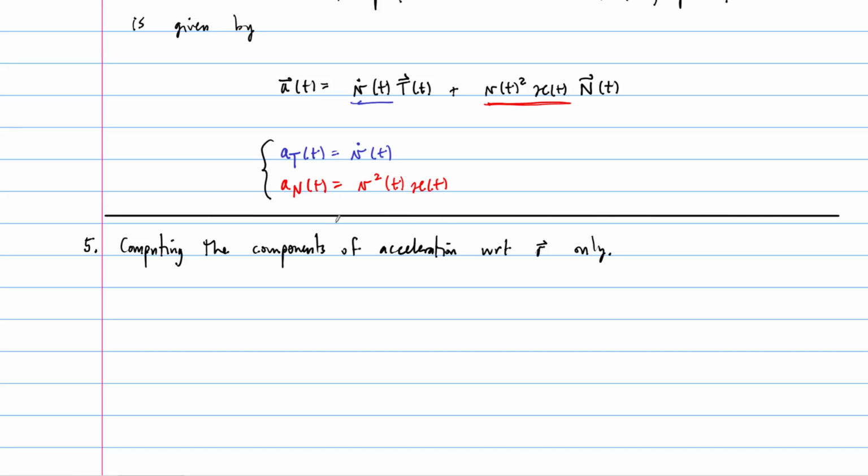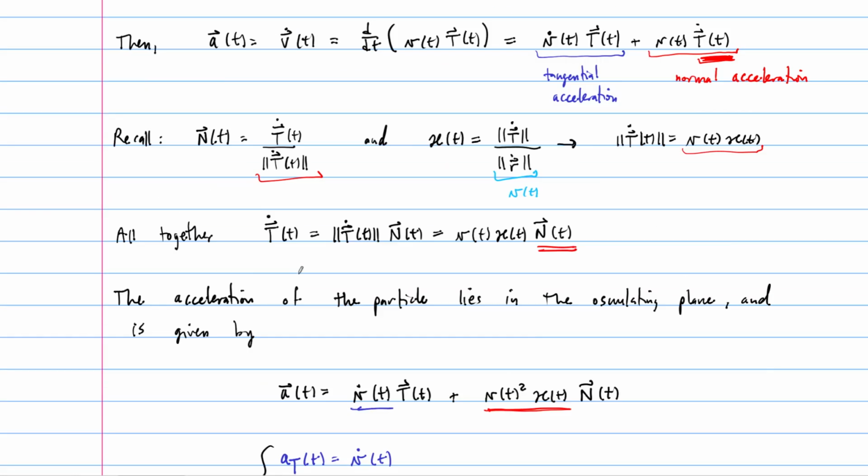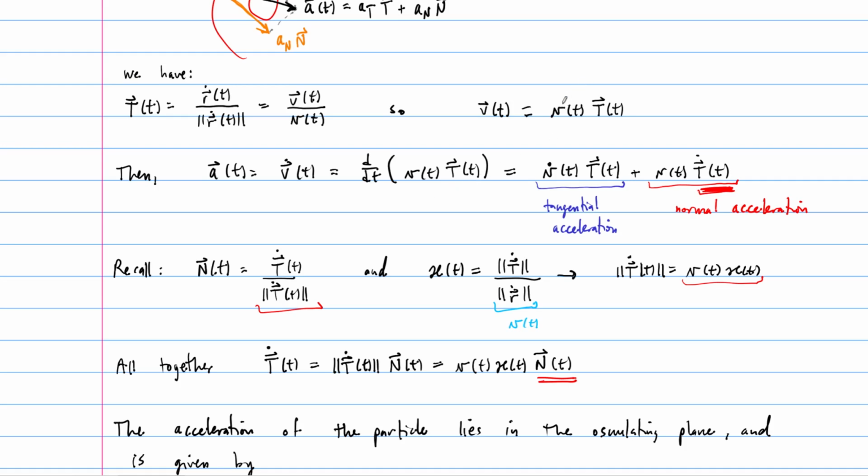So the first thing that I'd like to do is just notice that if we take the dot product of v with a, then we get something nice. Let's see what happens. Well, we know that v, based on our work up above, is equal to speed times the tangent vector.